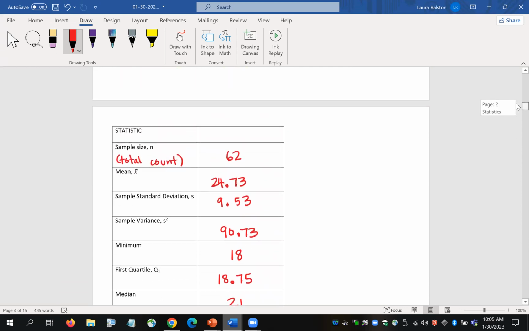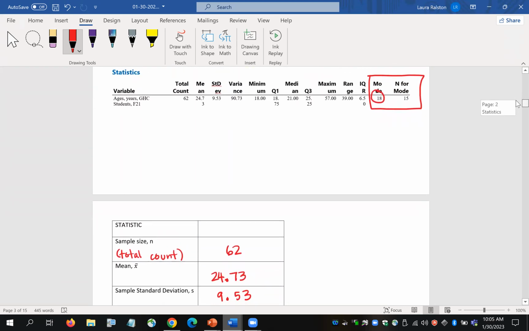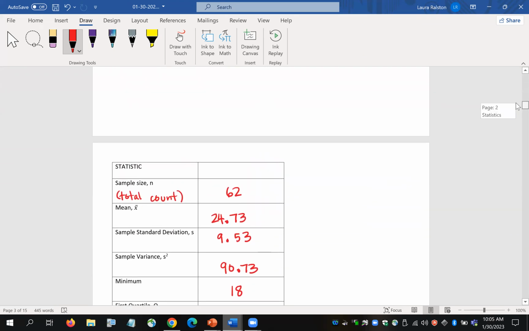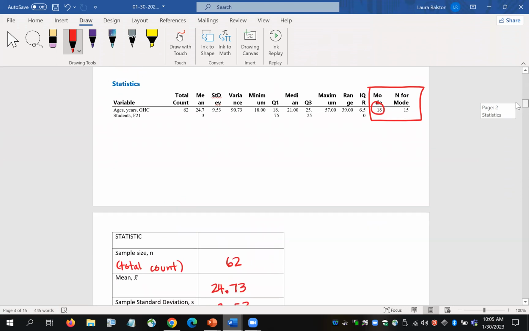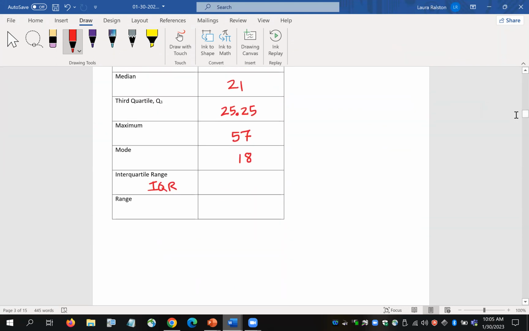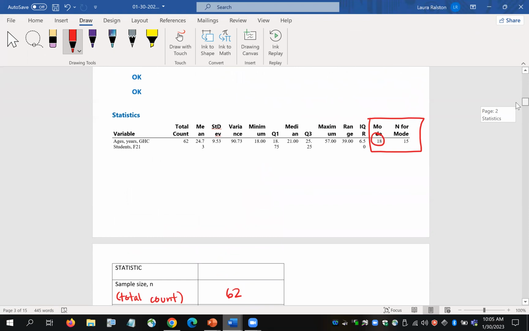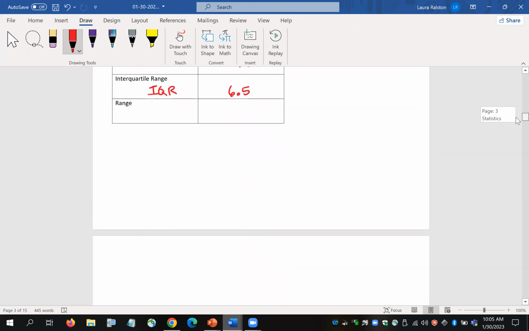Then I have the interquartile range, which it abbreviates IQR. Interquartile range is IQR. We talked about that the other day. It's 6.5. And then the range was 39.